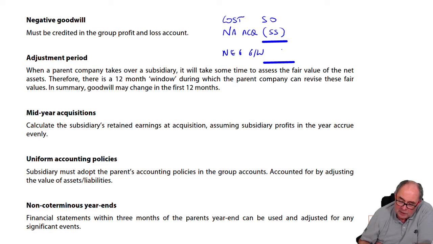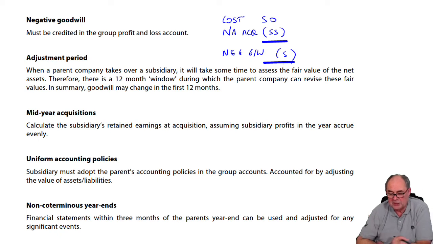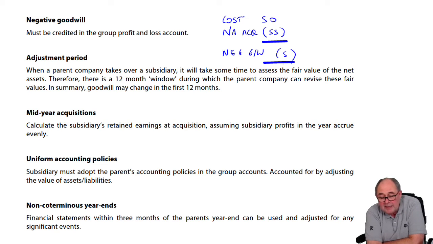Now, if you're being audited, the auditor will tell you to do your sums again, because usually it means that the net assets have not been measured at fair value. You think they're worth loads and they're not.